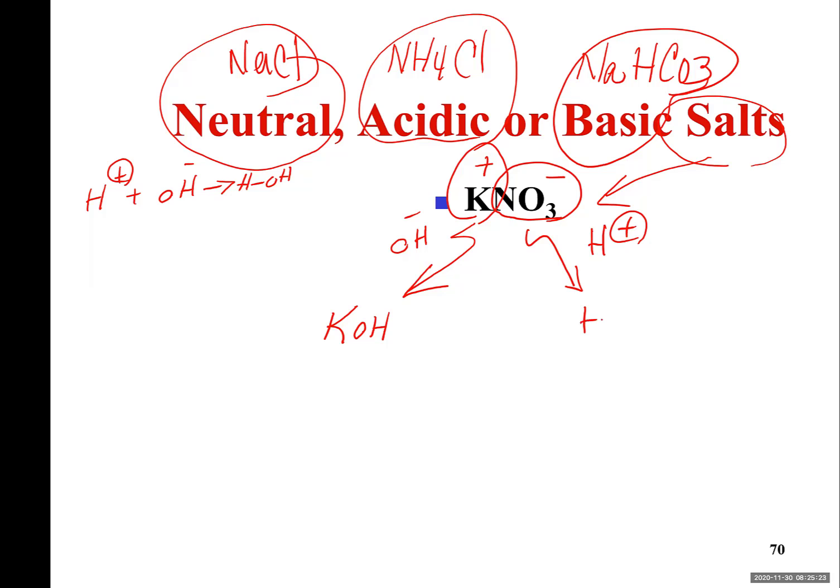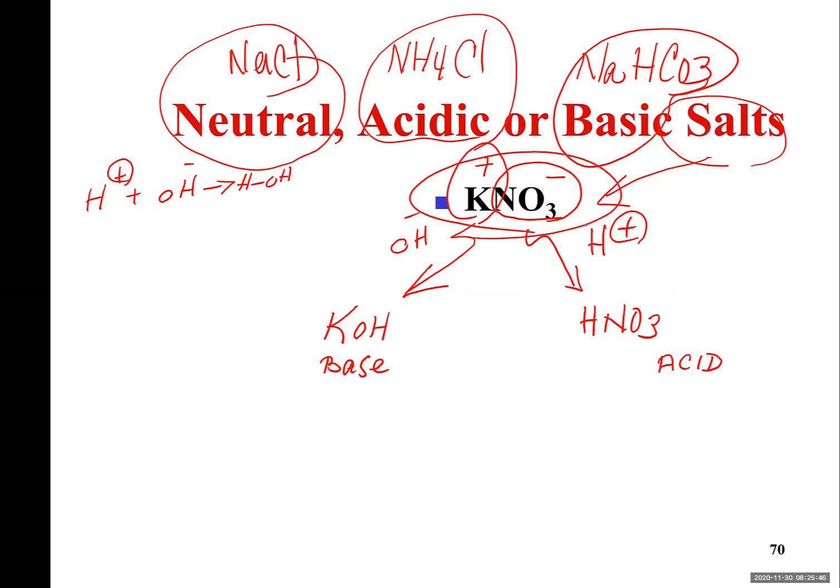And then you are going to get nitric acid. So this is the acid, and this is the base. If we react these two together, we can make this salt. So these are the parents. This acid and this base are the parents of this baby, which is salt.